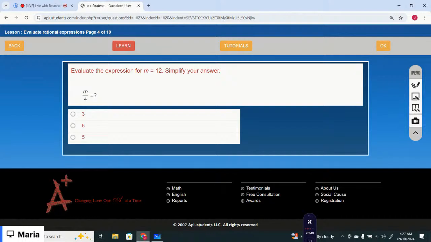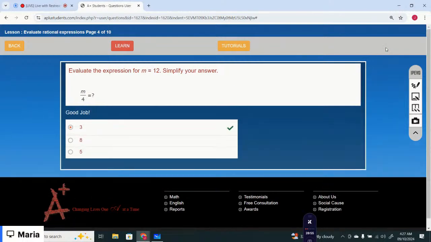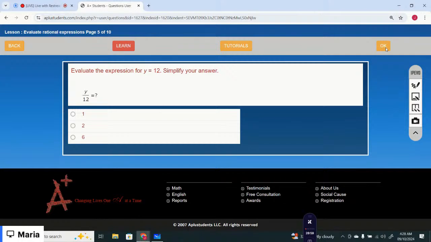The correct option is option number 1, that is 3. Evaluate the expression for y equals 12. Simplify your answer. So, which is the correct option?